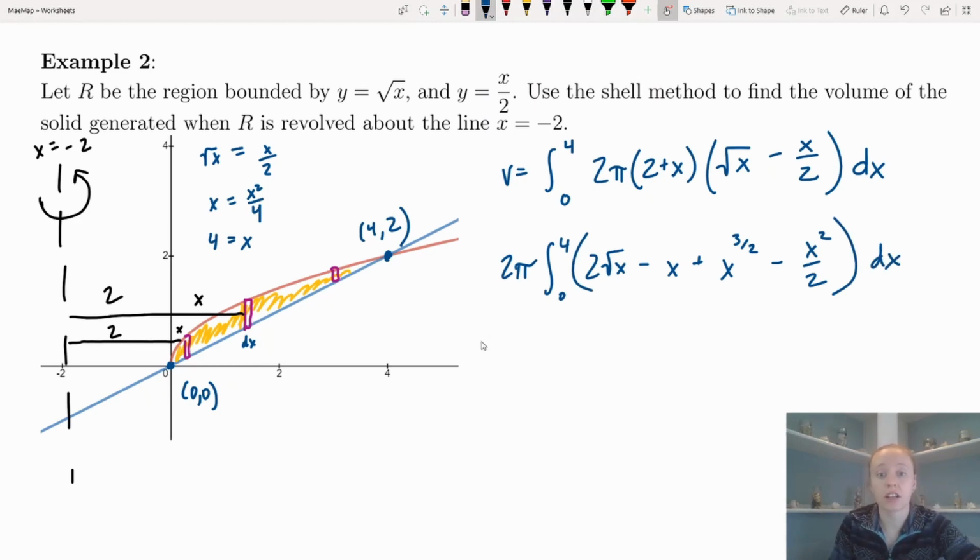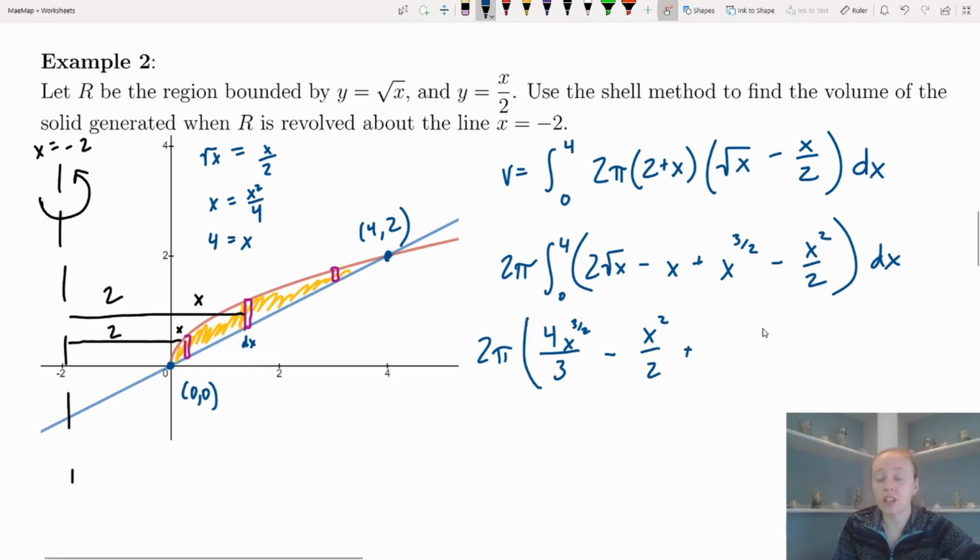Now I'll integrate. So I'll have 2 pi times 2 root x when integrated. That x, when adding 1, goes to the 3/2. But then I'll divide by that fraction, which is the same as multiplying by 2/3. So this will be 4/3 x to the 3/2. Then I'll subtract, integrating x becomes x squared over 2, integrating x to the 3/2.